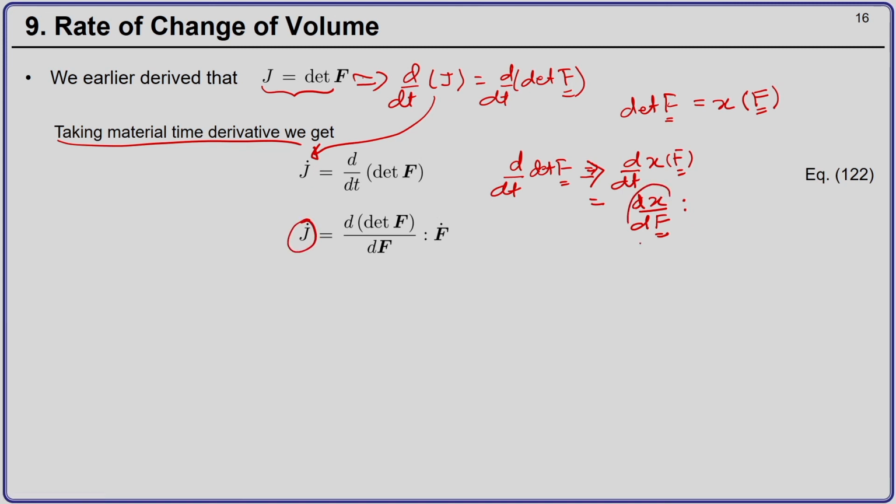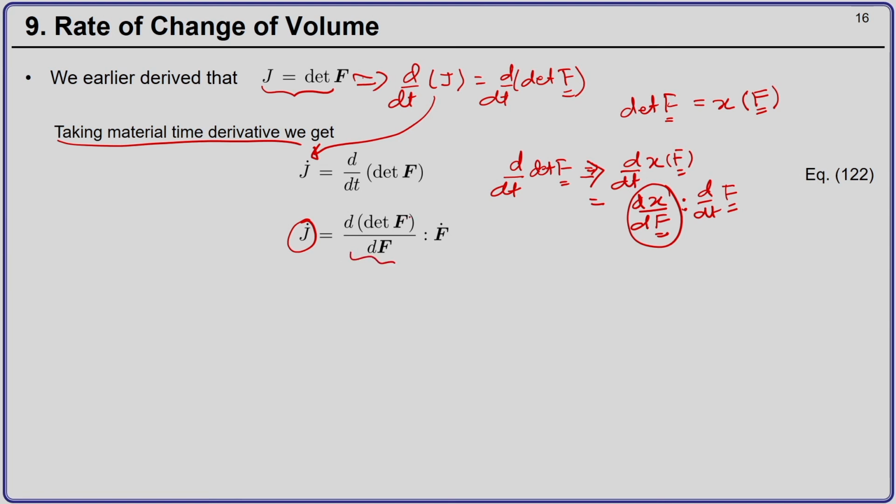To make it a scalar, I have to take a double contraction. So, I take dx by dF double contracted with d by dt of F. That is what we have shown here.